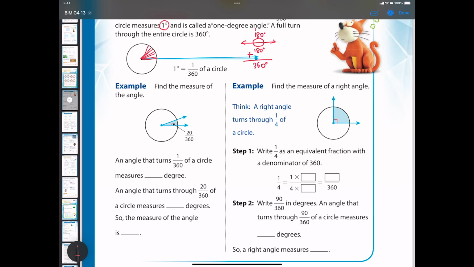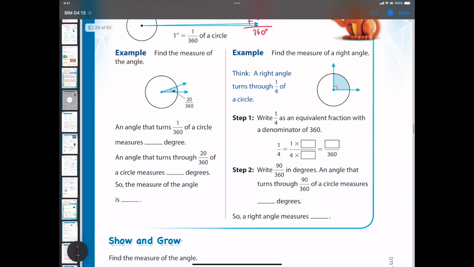Very small, right? Maybe smaller than this, but my Apple Pencil is not that thin, so I cannot draw these 360 equal parts, but just imagine, okay? And that's what we call degrees.